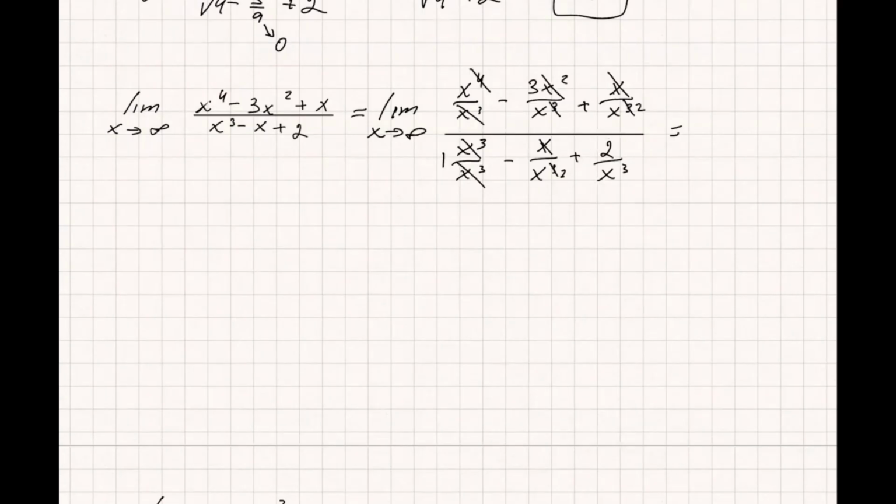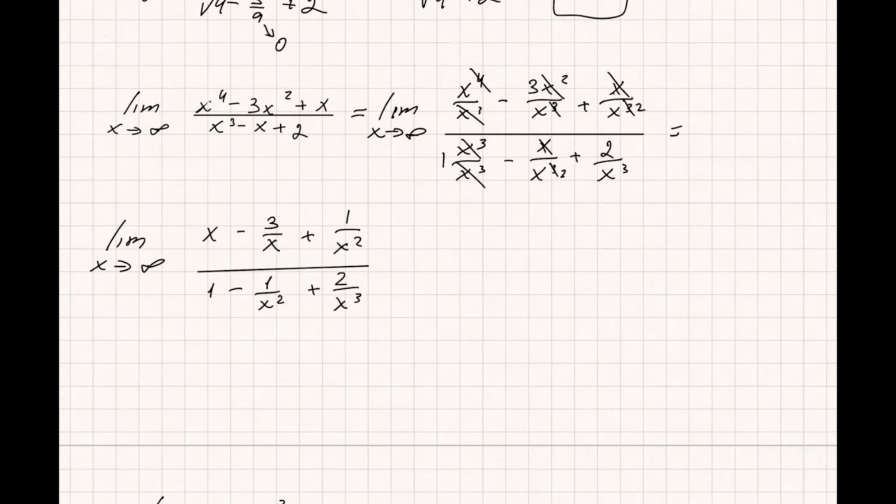And this one stays the same. So now what I have is limit as x approaches infinity of x minus 3 over x plus 1 over x squared, over 1 minus 1 over x squared plus 2 over x cubed.